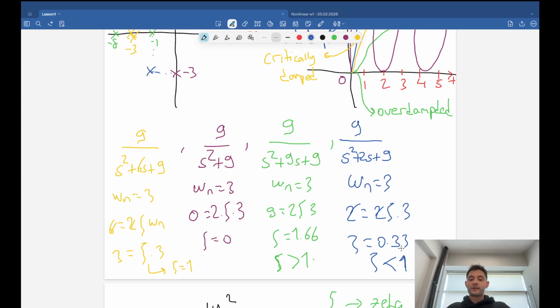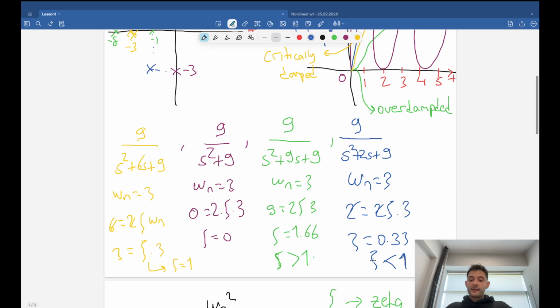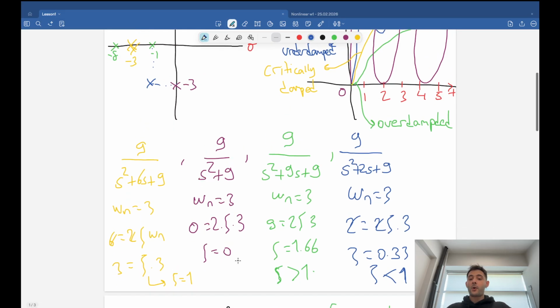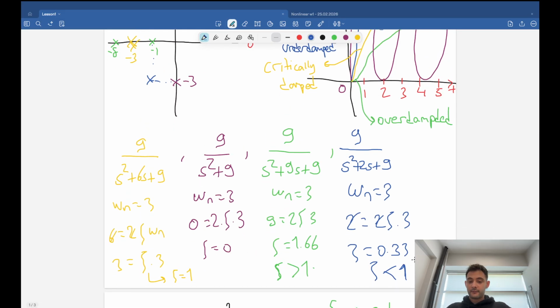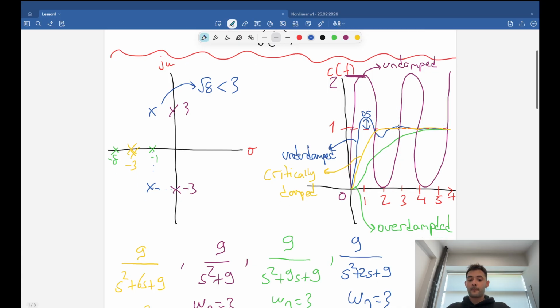So I think you can just form something in your mind. If you have a zeta value less than 1 and more than 0, you will have a response called underdamped. It does a little bit of overshoot here, and does some oscillations and reaches out to the final value of 1.